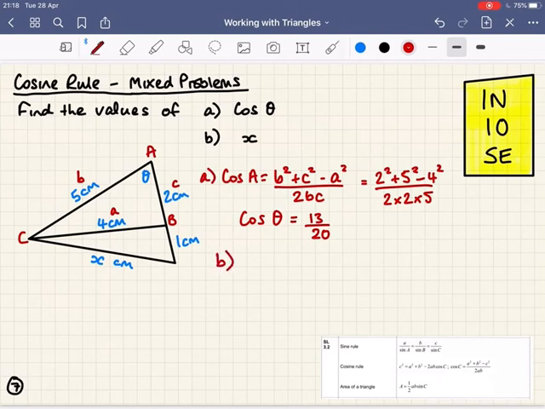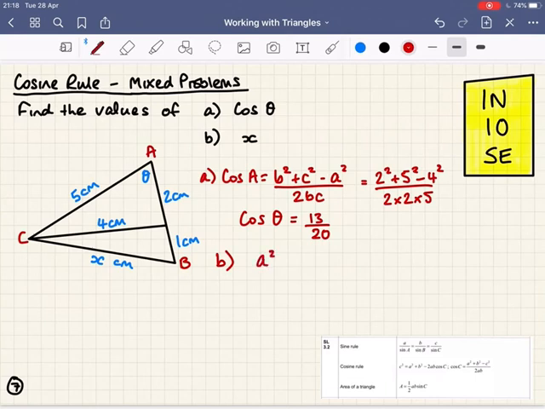Part B, we can go back to our triangle and relabel this now because we've got the larger triangle to deal with because we want to find the size of the missing side x. So labeling this, I want the value of, well, a squared is where I'm going to start.